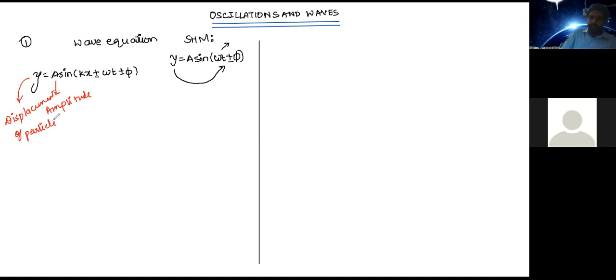Then k is called the angular wave number.